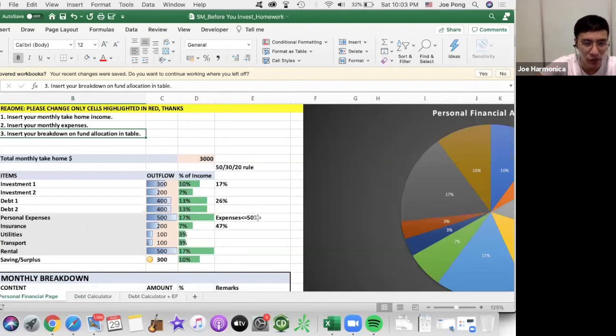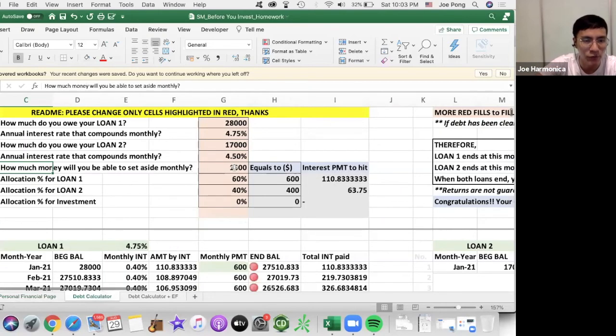For example, if your expenses are 50%, you deduct 50% from your 3K, and whatever you're left with is the money you can set aside for investment, for debt, for saving. For simplicity, I'm putting 1K here for the money I'm able to set aside.